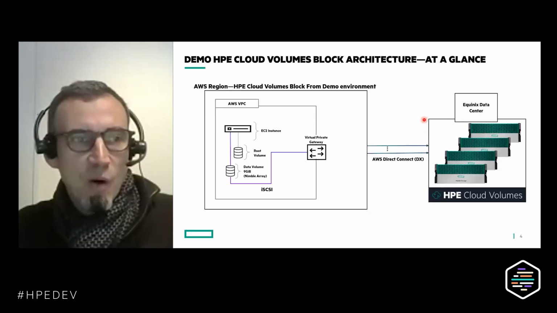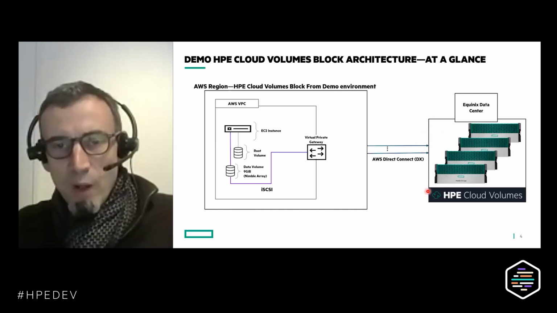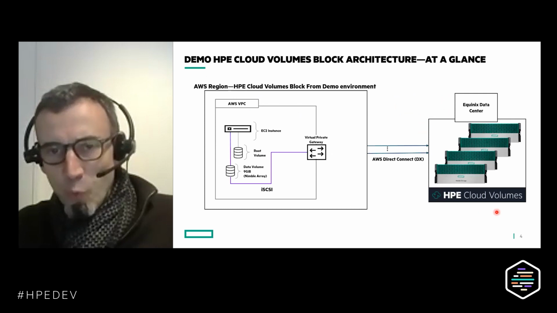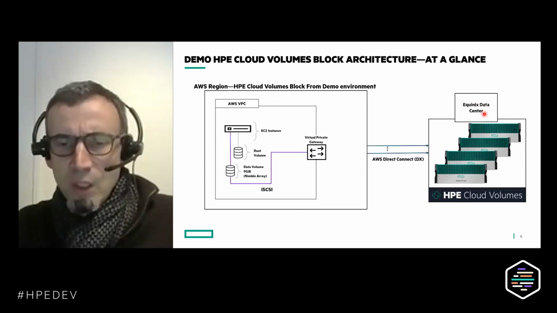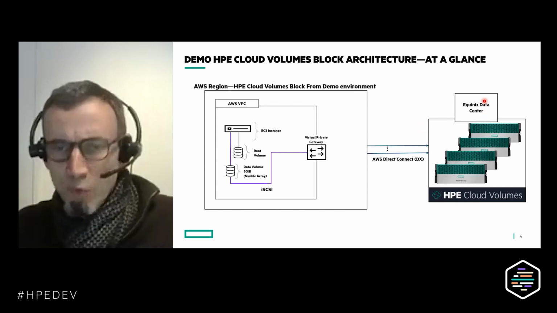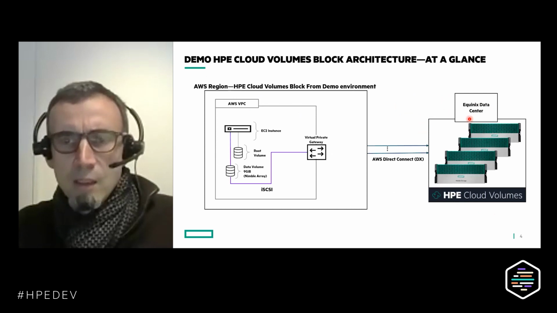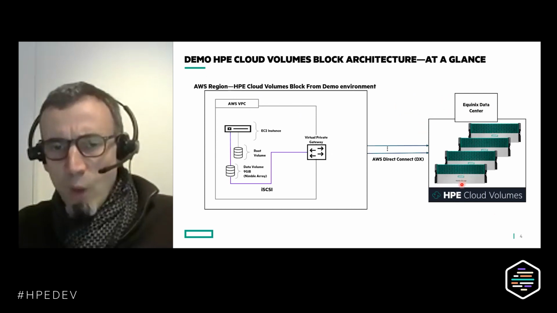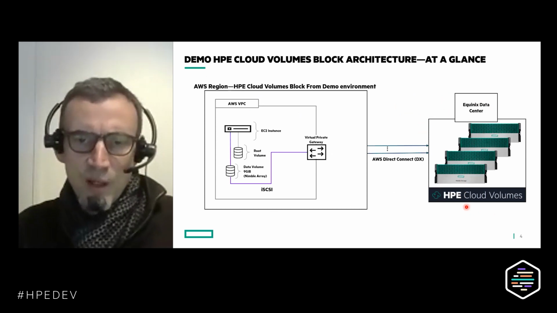Some more detail about how it works or the architecture. Once you are in Cloud Volume and you replicated your data, it's located in an Equinix data center. So the demo environment I'm using is located on the East Coast in the US. And the Nimble array where my data are coming from is located here in the office in Geneva, in the data center.